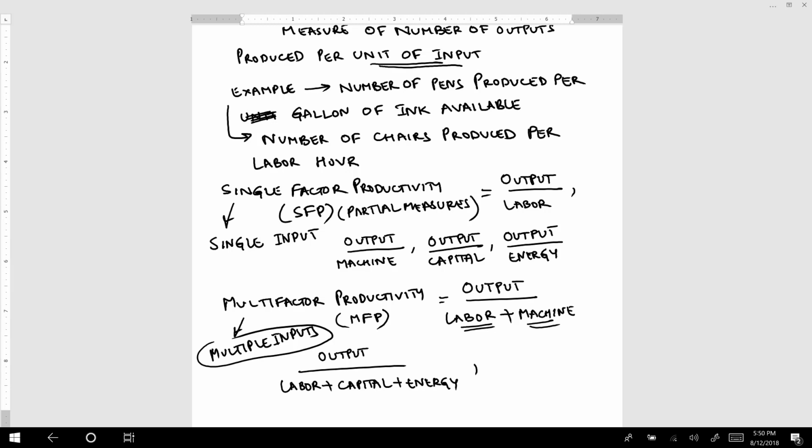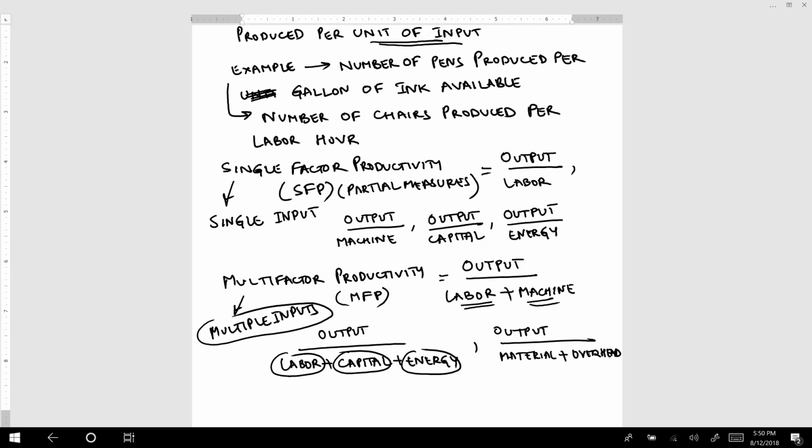The input keeps on changing based on the inputs given in the problem. So it can be output divided by material plus overhead. These are the formulas for multi-factor productivity.